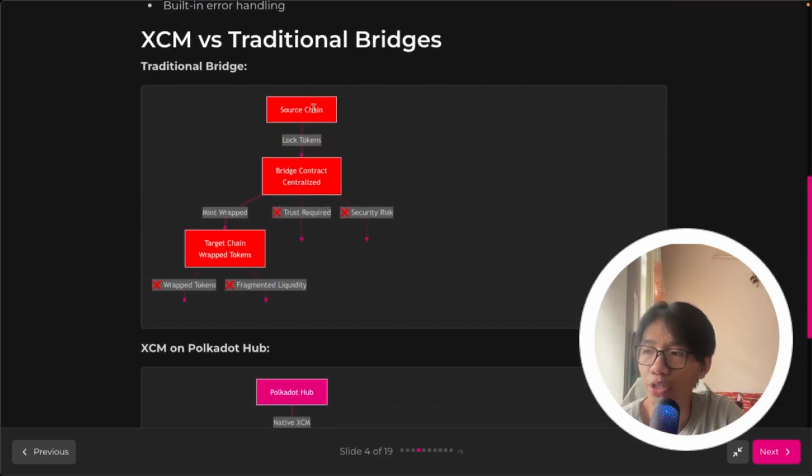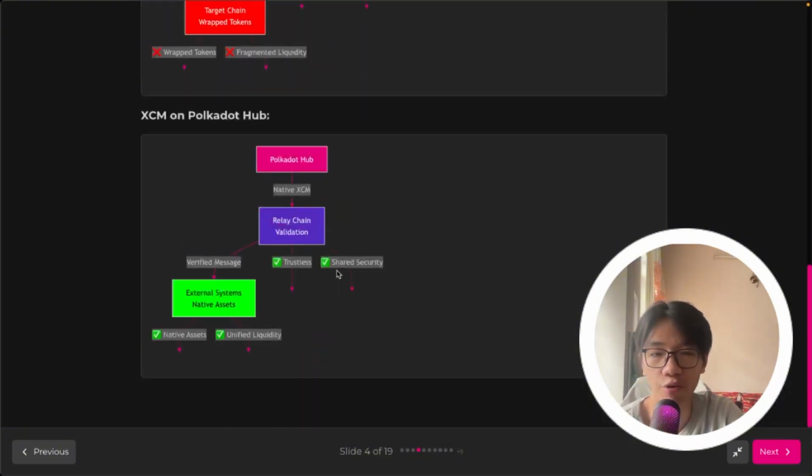And XCM versus a traditional bridge. For the traditional bridge, you have the source chain where you lock the token on the bridge contract, which is a centralized contract. That then means minting on the target chain. But here you need wrapped tokens or fragmented liquidity. The bridge contract might also carry security risk. For XCM on Polkadot Hub, it's calling the native XCM to the relay chain.